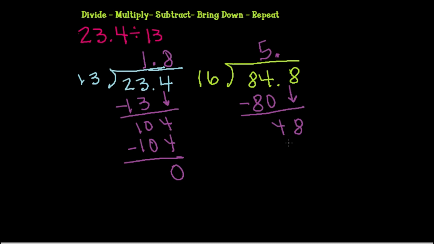I'll start by dividing again. 48 by 16 is exactly 3. I'll keep that 3 up here because 3 times 16 is no other than 48. And if I subtract, 48 minus 48 is 0. So my quotient for the second example is 5 and 3 tenths.